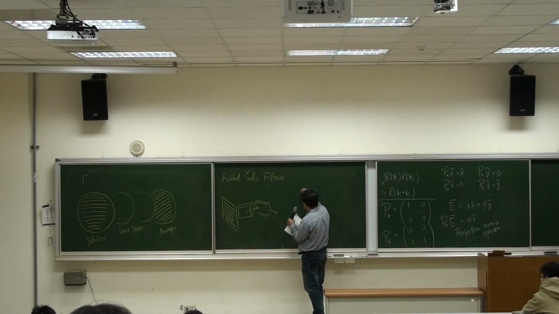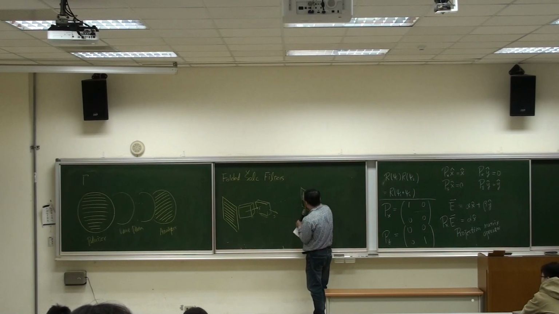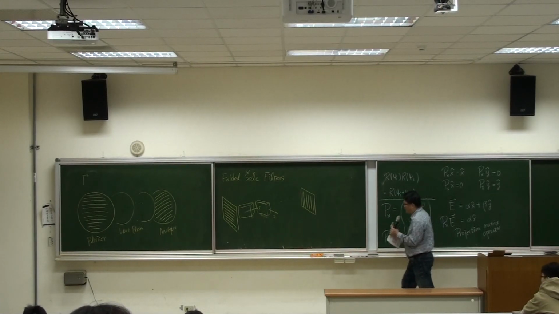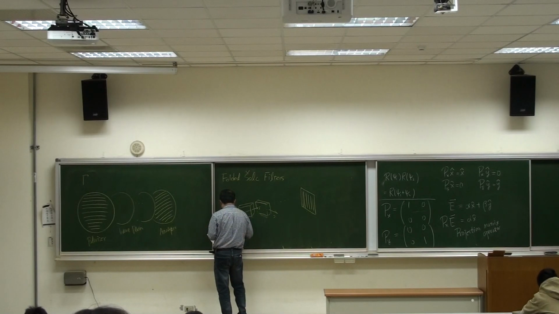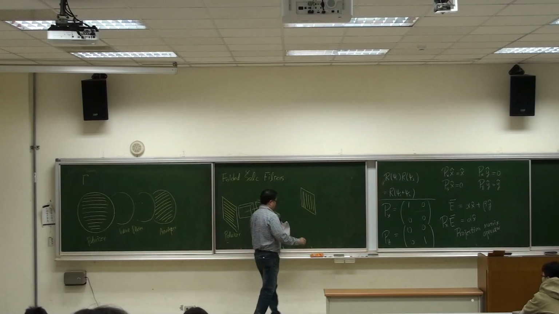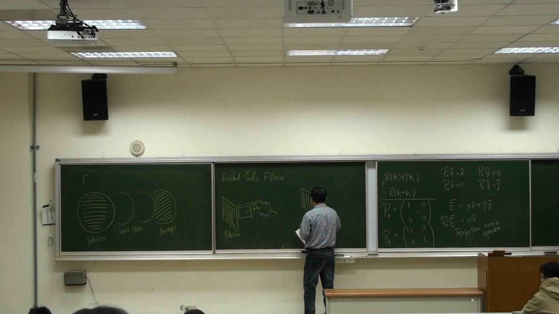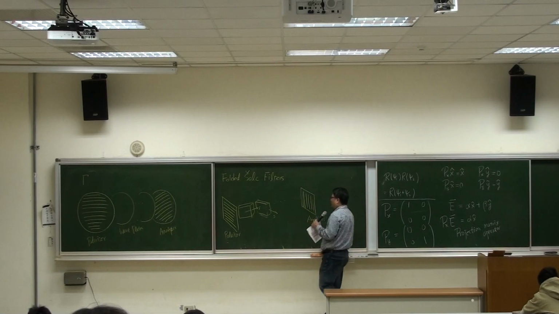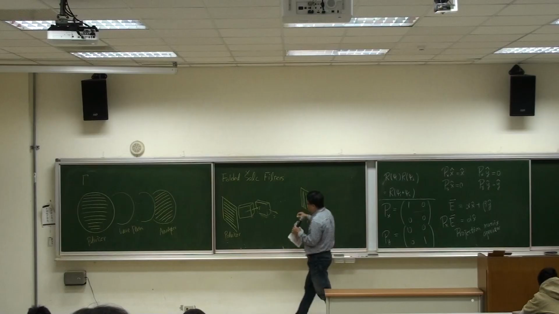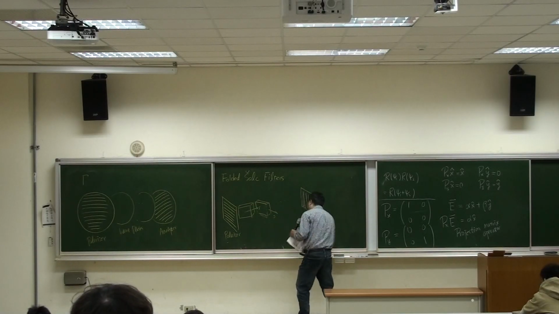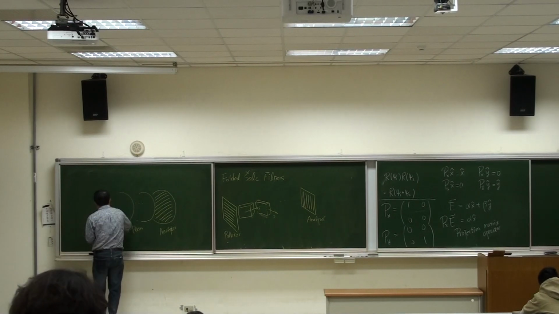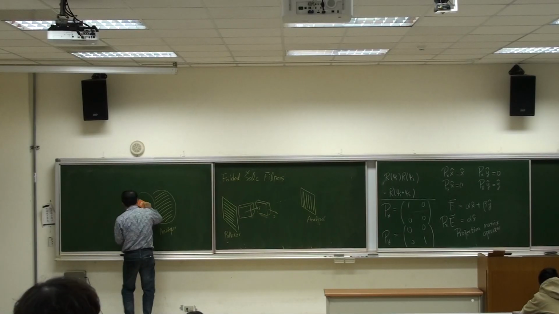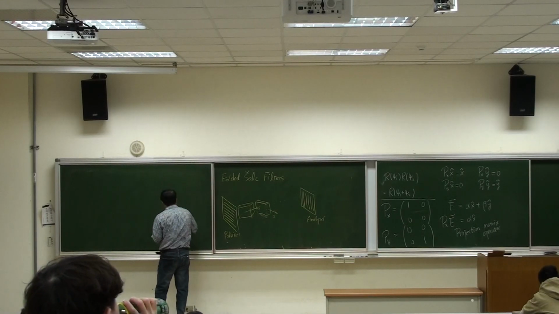This means that we arrange a series of waveplates between these two polarizers in this way.